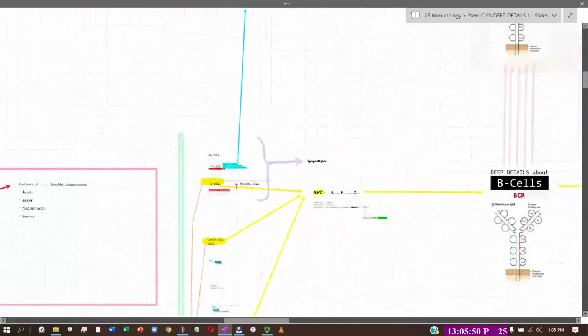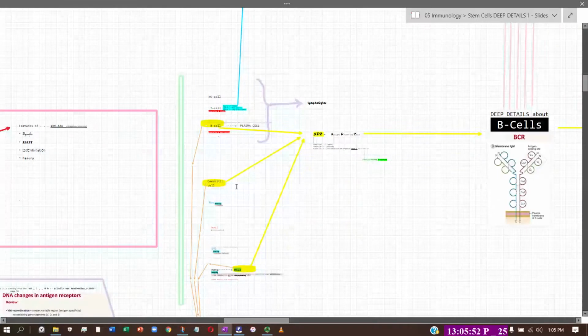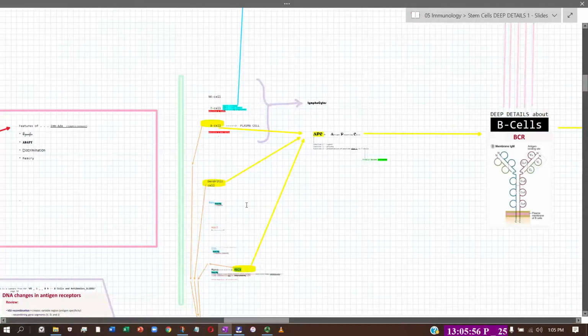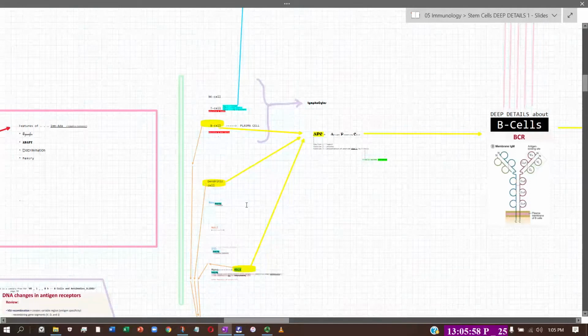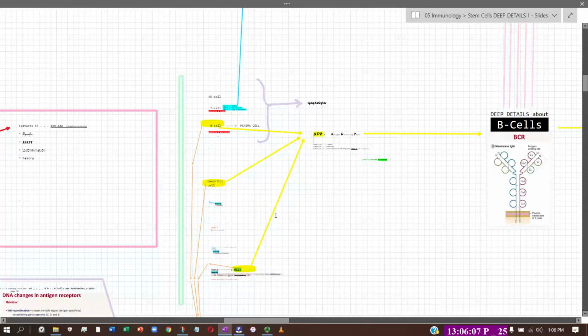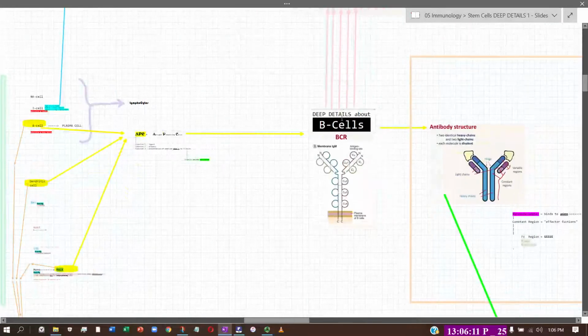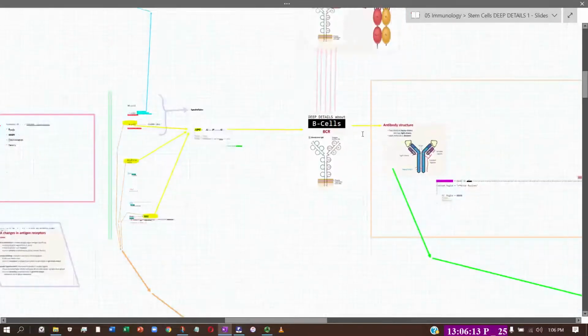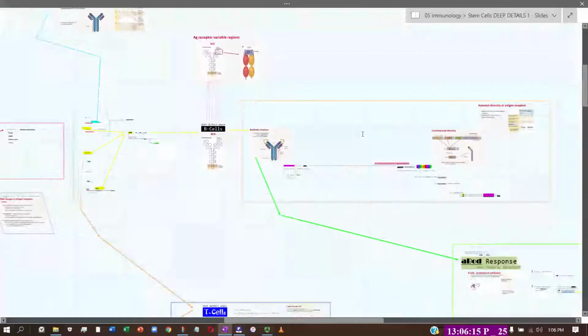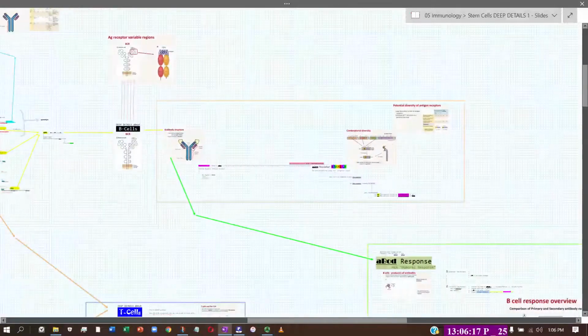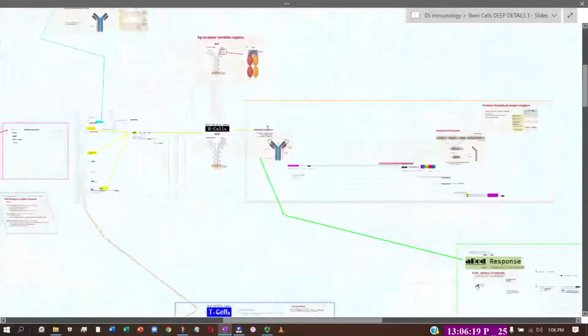However, there is that overlap, and that's seen in terms of the APCs, which are the antigen presenting cells. So here I've highlighted the APCs in yellow. As you can see, they converge over here, and the APCs have a lot of involvement in a lot of the immune response concepts.